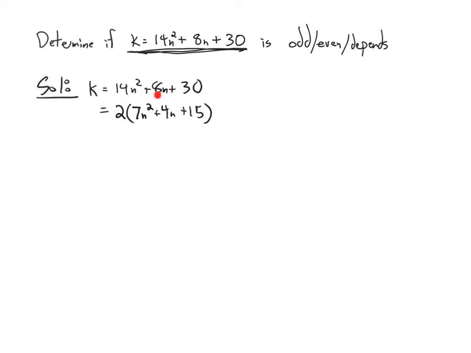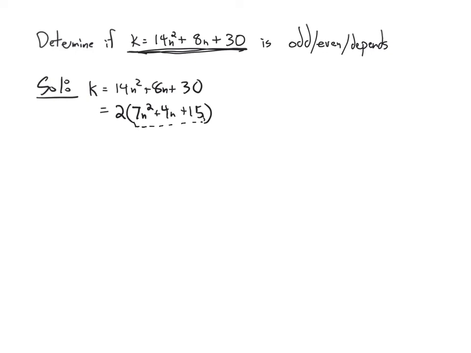Remember, all of these terms had a factor of 2, so I factored it out. And I get kind of a messy-ish expression here, but that's okay. It doesn't matter. All that matters is I have 7 times n squared plus 4 times n plus 15. It's a bunch of integers added and multiplied together. So I know that the integers are closed, so this is indeed an integer.